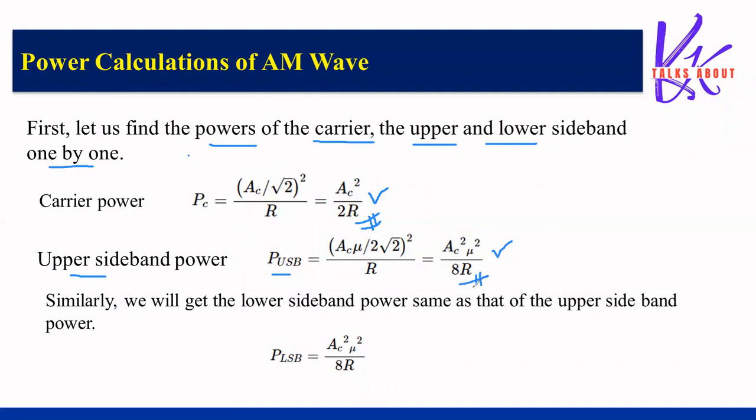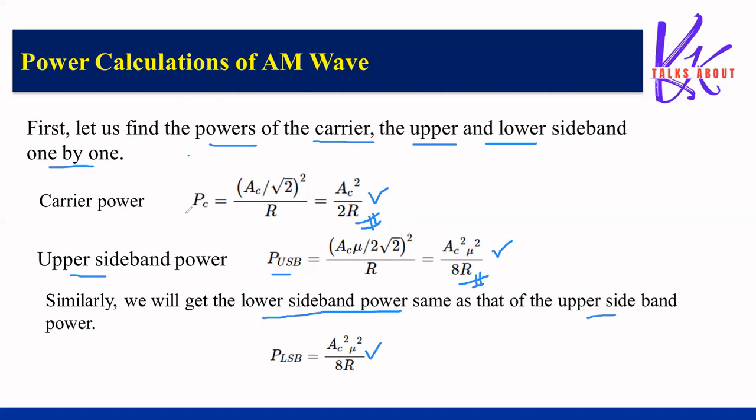So this is the power consumed by your upper sideband. Similarly, the power utilized by your lower sideband is the same as that of your upper sideband, which is given as Ac square mu square by 8R.